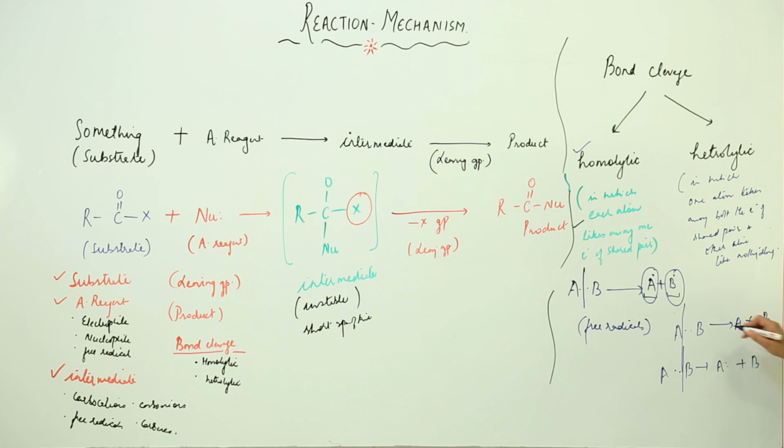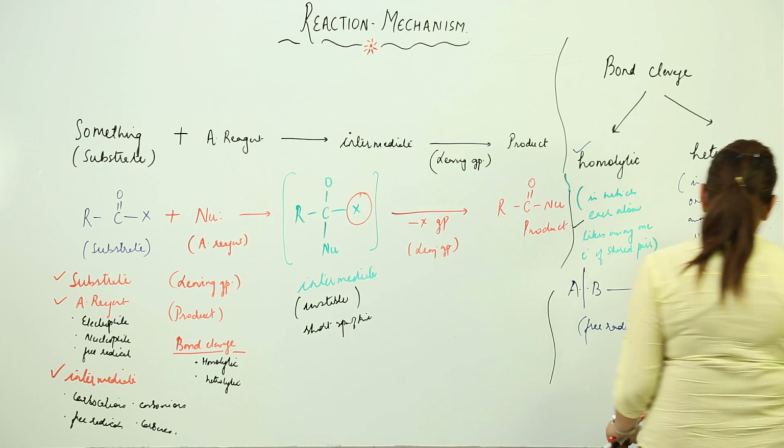Whether A takes both the electrons or B takes both, the result is the formation of one atom which is deprived of electrons, and the one deprived of electrons acquires a positive charge. The one which takes away the electrons has more electron density, so it acquires a negative charge. Here, because A took both the electrons, it will acquire a negative charge and B will acquire a positive charge.